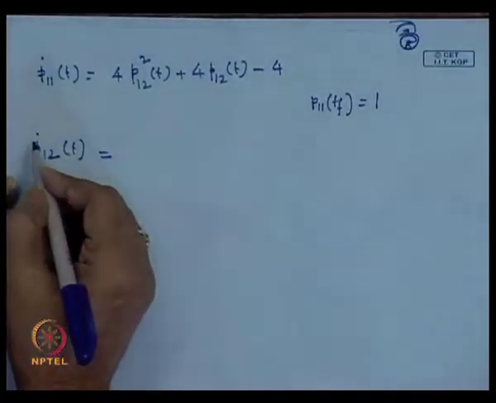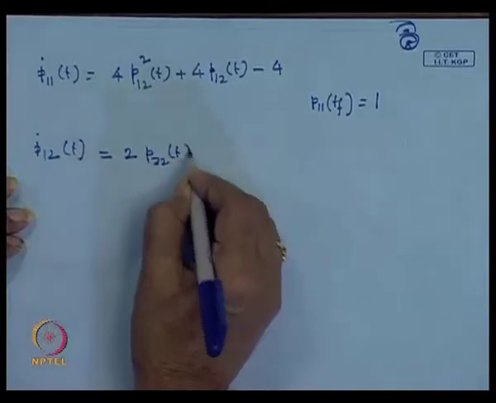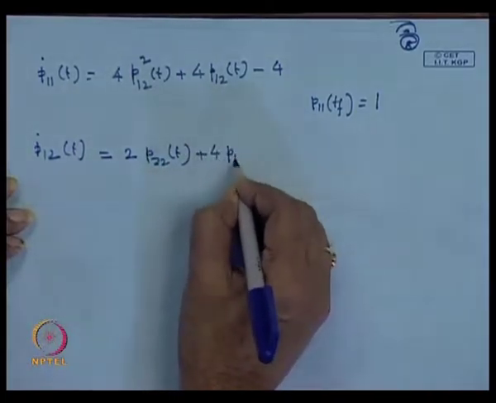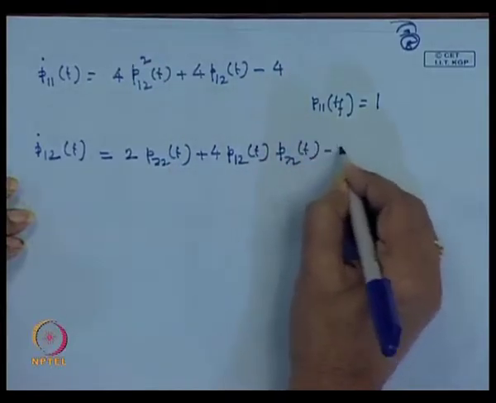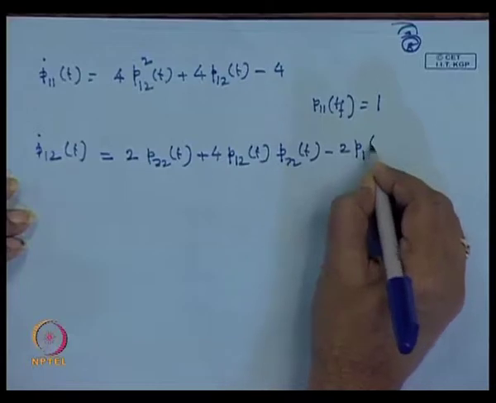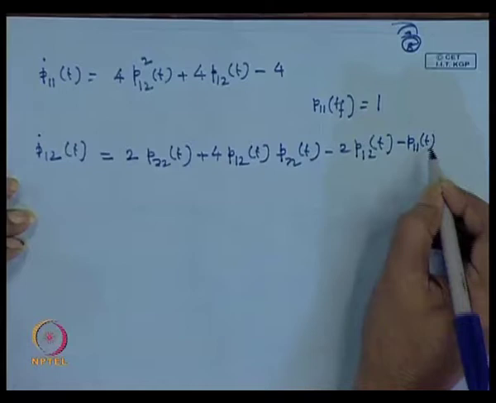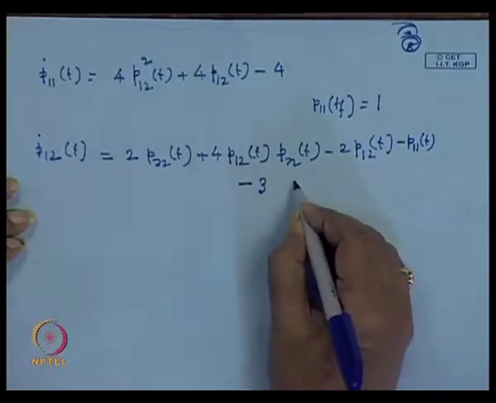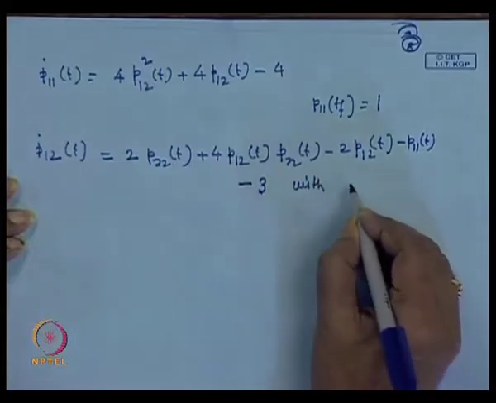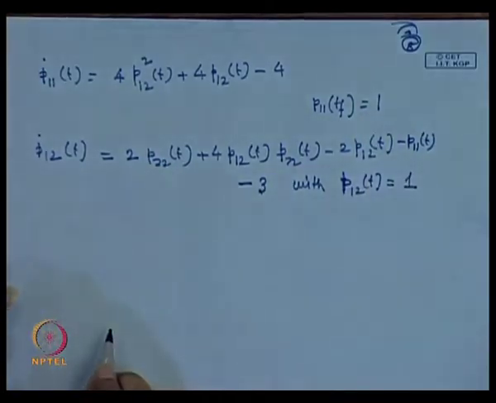Then you will get P12 dot equal to twice P22 of t plus 4 P12 of t plus P22 of t minus twice P12 of t minus P11 of t, and minus 3, with P12(tf) equal to 1. Agree?